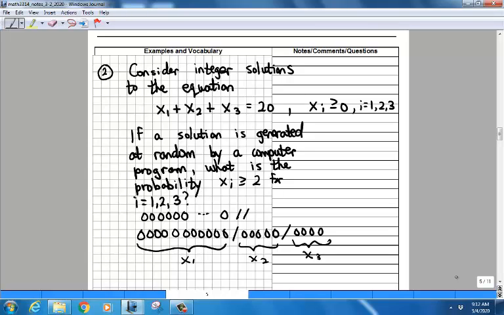How many zeros do I have between the slashes? None. So x2 would be 0. How many zeros do I have after the last slash? None. So x3 would be 0. Got that? So any arrangement of the zeros and slashes will give me a solution to this. Or vice versa, any solution I can convert to an arrangement of the zeros and the slashes.